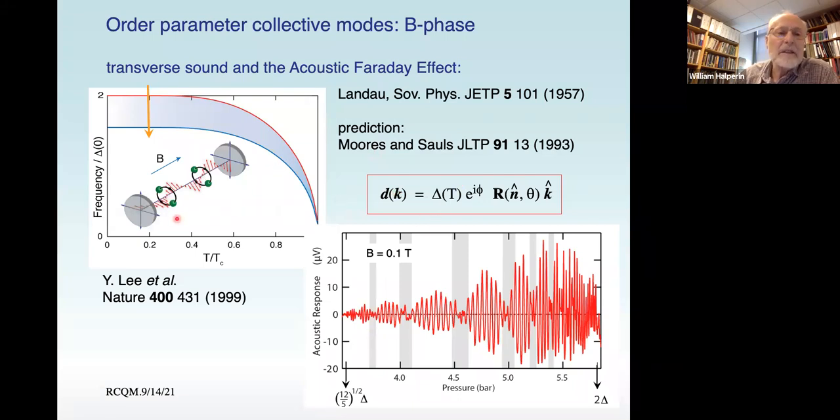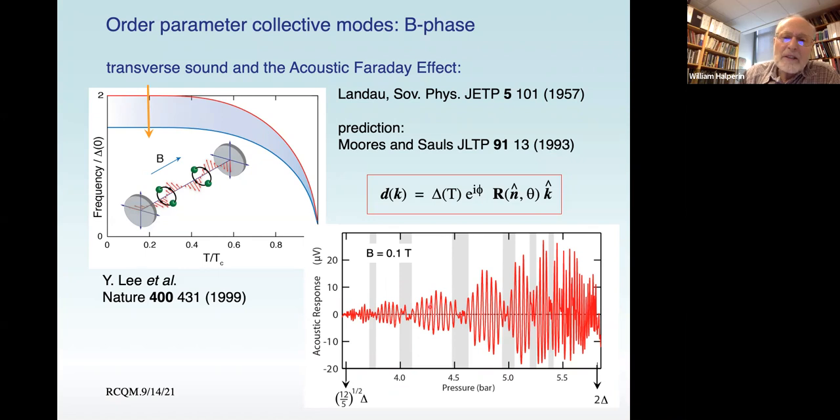And here in the sketch that John Davis prepared, you can see the oscillations associated with transverse sound, the polarization being perpendicular to the propagation direction, which I'm moving my cursor in the direction of. And to do this kind of experiment, you need to have an acoustic cavity, and you measure the Q of the cavity basically, and as you change the velocity of this transverse sound, you can see resonances here.